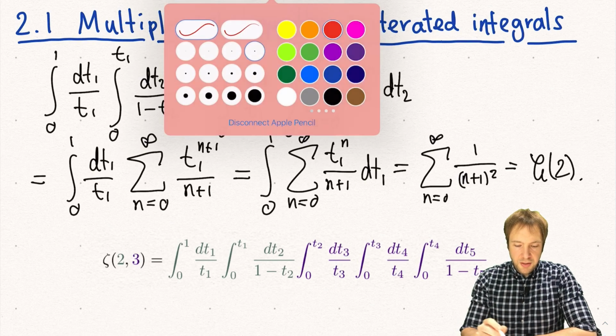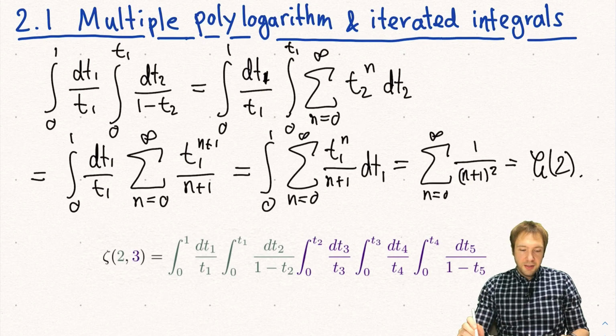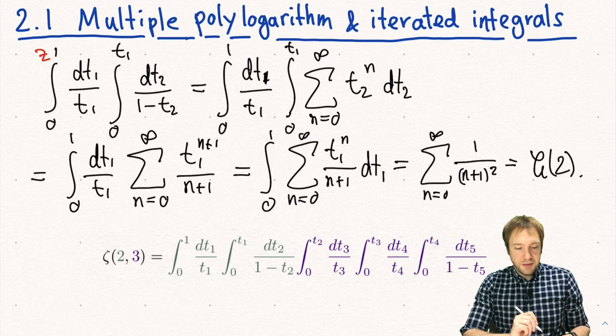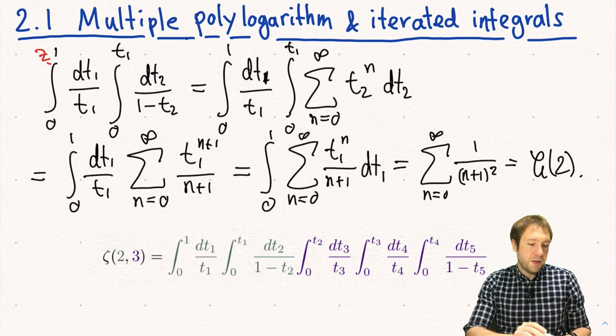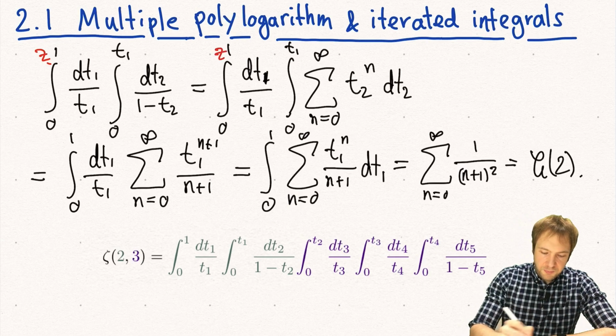And so now we want to introduce multiple polylogarithms, and for this, let's assume here in the iterated integral, instead of 1 we choose the real number z, which is now between 0 and 1.